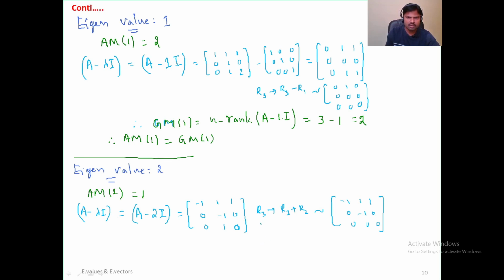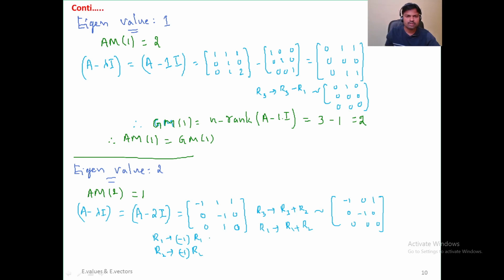Next, r1 is modified as r1 plus r2, so minus 1 0 1. Then r1 is modified as minus 1 into r1, and r2 is modified as minus 1 into r2.